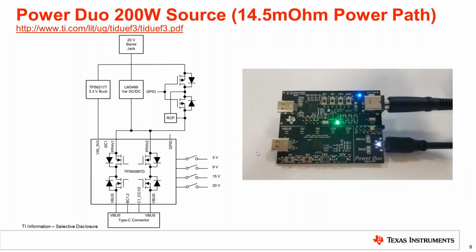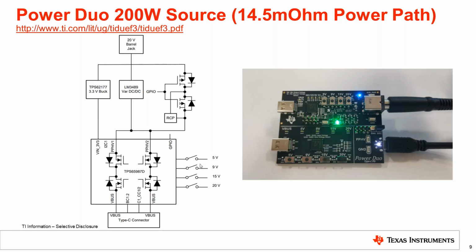Here's a more in-depth look at this specific board. This is a system block diagram. You can see here that both of the back-to-back power paths are tied in parallel to achieve the low RDS-on solution. The GPIOs are used to control the LM3489 variable DC to DC supply.